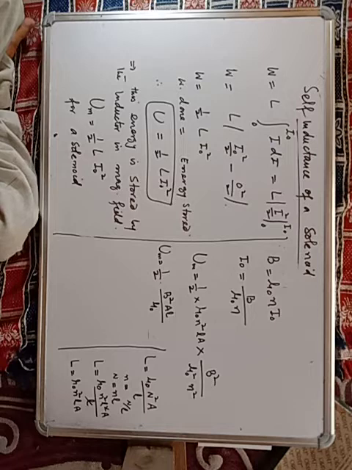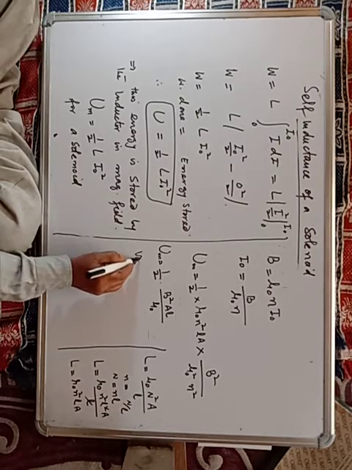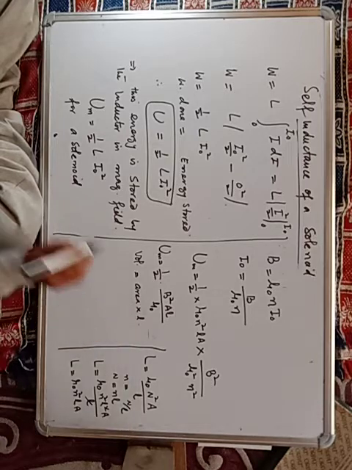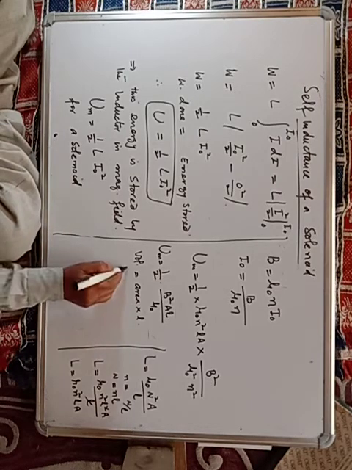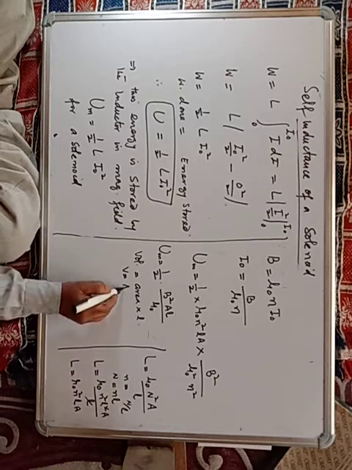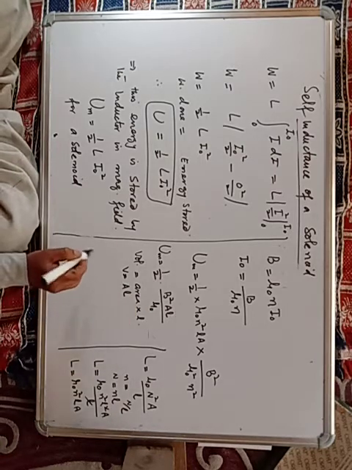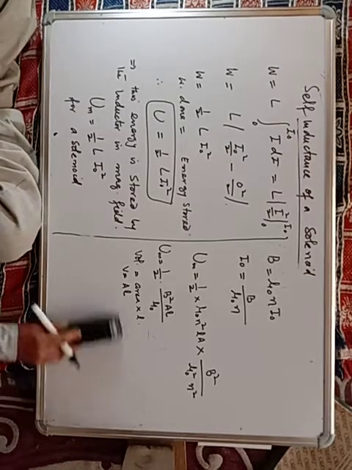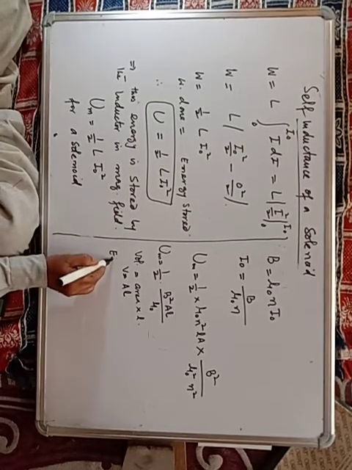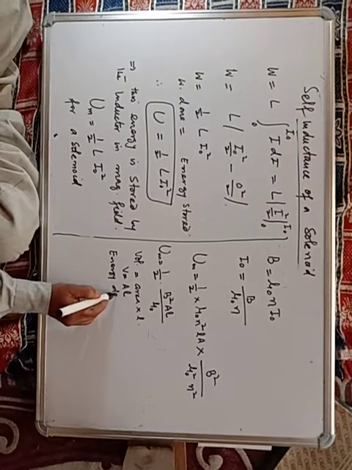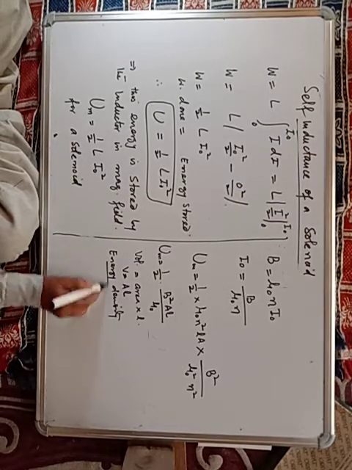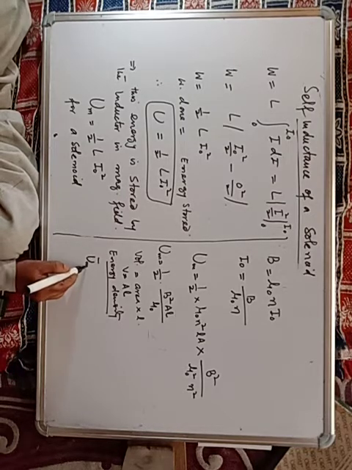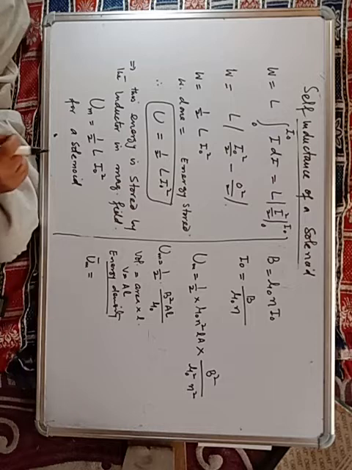Now volume is equal to area multiplied by length, that is V is equal to AL. So we can find here energy density. Energy density आपकी होगी Um bar, जैसे हम एनर्जी डेंसिटी कैपेसिटर्स में कैलकुलेट करते हैं.